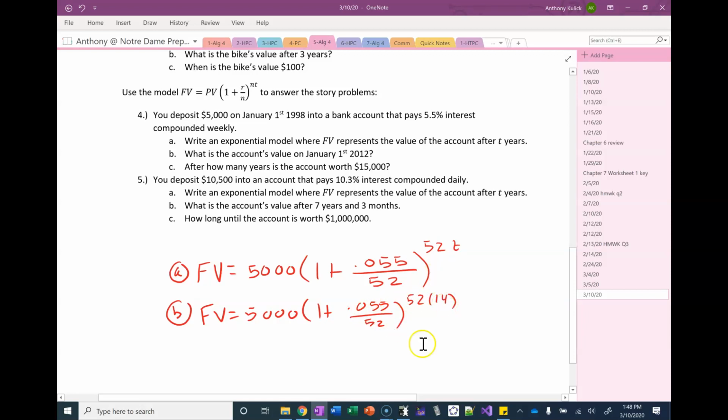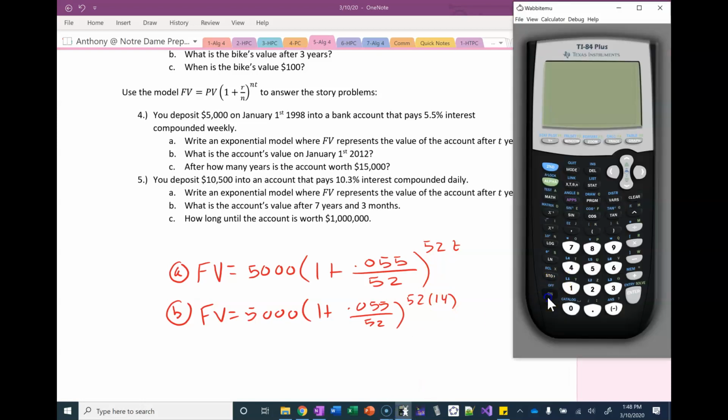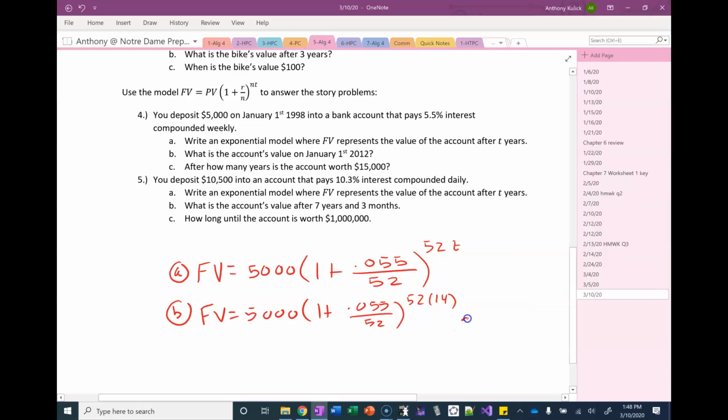So I go ahead and I do that. So I get 10,794.44. Okay there.